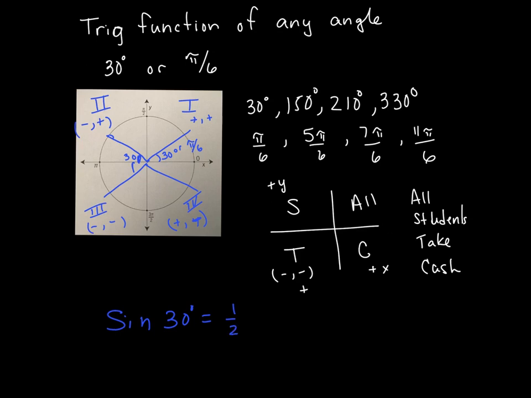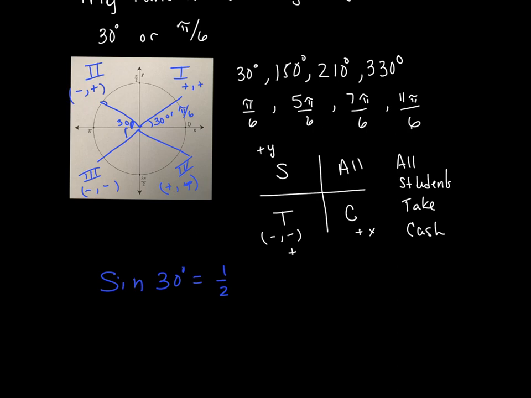Now, if you want to talk about what that value is in the other quadrants, the sine of 150, which is in the second quadrant, is also positive 1/2. And then the sine of 210 is going to be negative 1/2. And the sine of 330 degrees will also be negative 1/2.